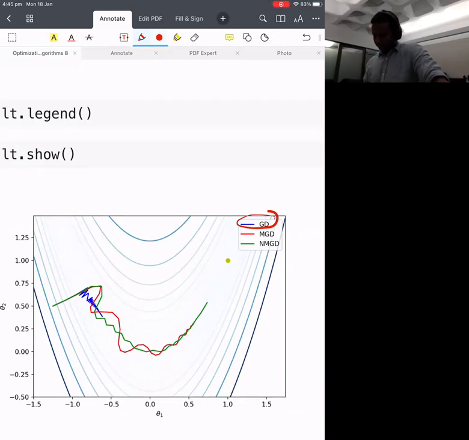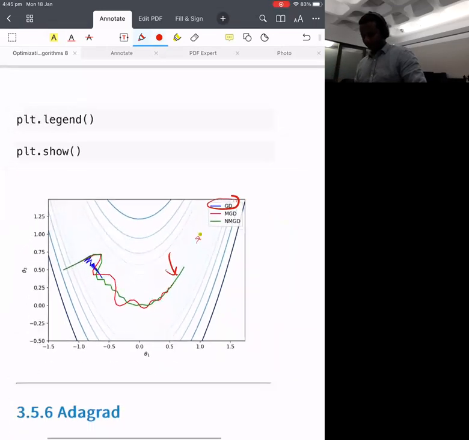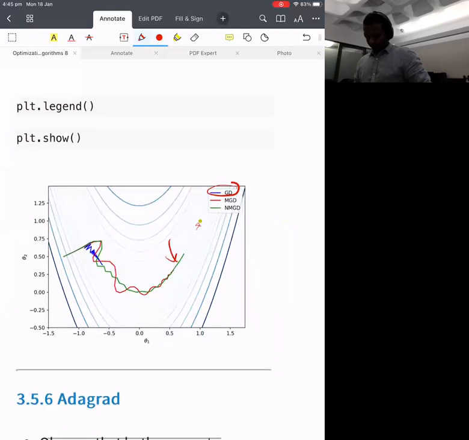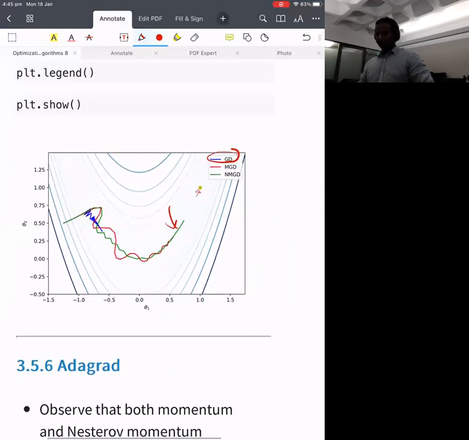You can see that the last method, Nesterov momentum, is actually better. Here I'm fixing the number of iterations, and if you let it go, it might reach. And if it doesn't reach, you need to adjust the learning rate parameter a little bit, and you can make it work. But you have a better method now.